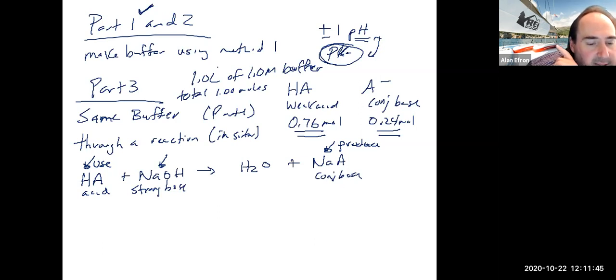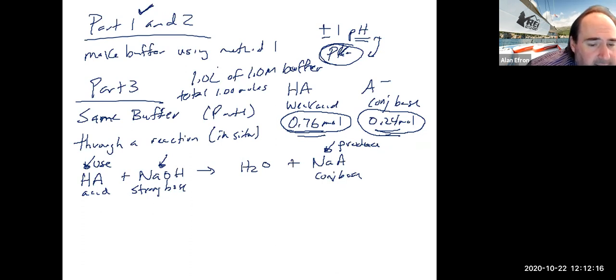I am going to try to make my conjugate base as a result of this chemical reaction. I not only want to make my conjugate base, but I want to make the right amount of my conjugate base so that when I am done, I will have this ratio still, this many moles of the acid and this many moles of the base, because that ratio I figured out in part 1 would give me the right pH for my buffer. Any questions on that so far?